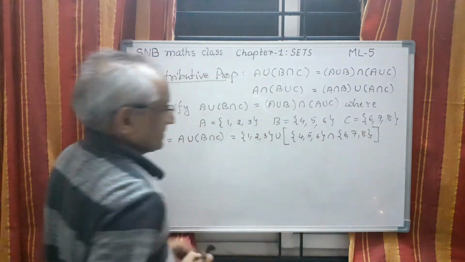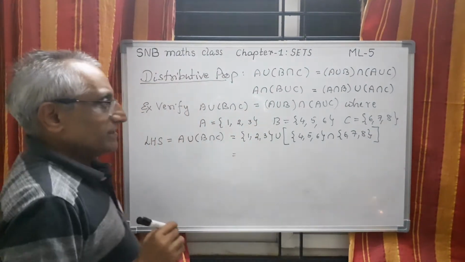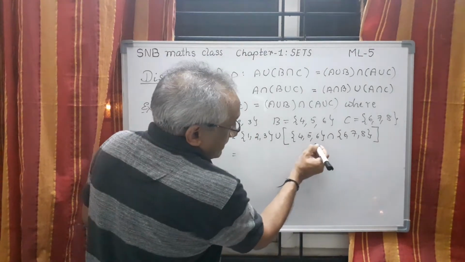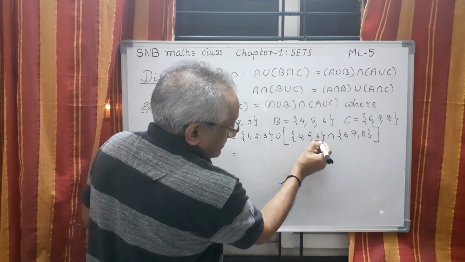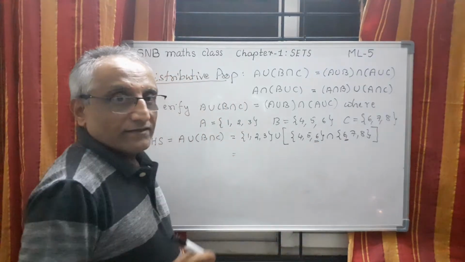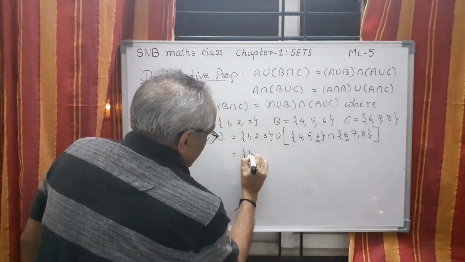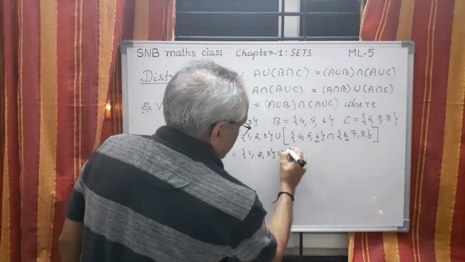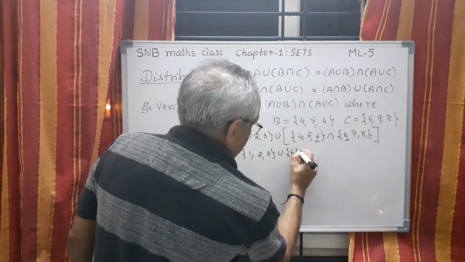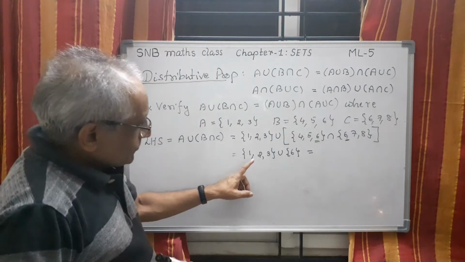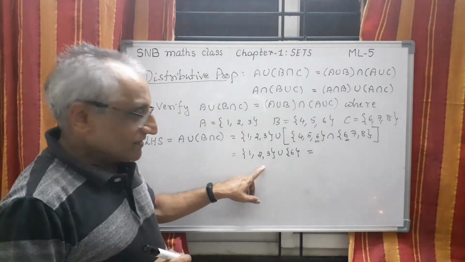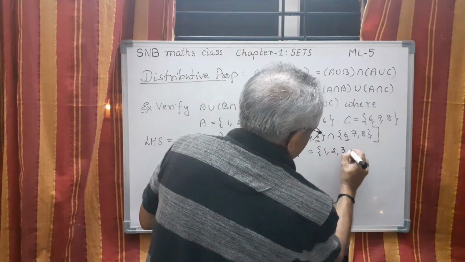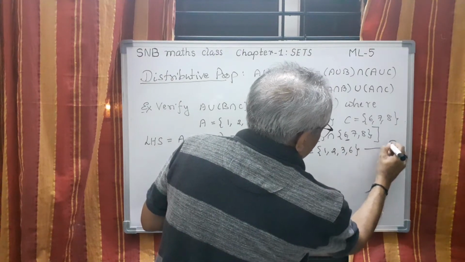We have seen already how to find the intersection. Intersection means and, whatever element is common. So 6 is the common element. Therefore I write 1, 2, 3, then union, 6. Now the union of these two sets, which we also saw in the last class, is 1, 2, 3 and 6. Let us call this 1.